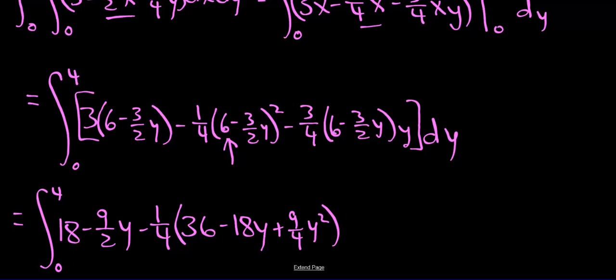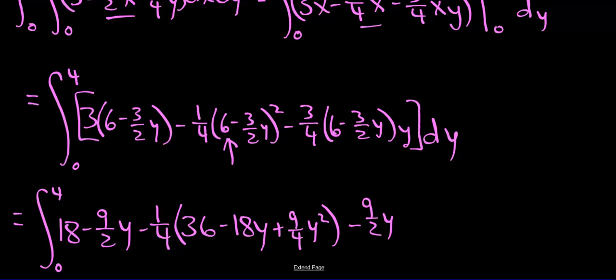Then over here we've got minus 3/4 times 6. Well, that's going to be 9 halves, right? 9 halves y. Correct me if I mess up, since I'm not so good at this stuff in my head. 3/4 times 6, so this is going to be 9 halves.